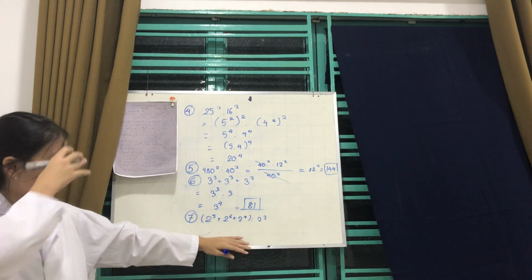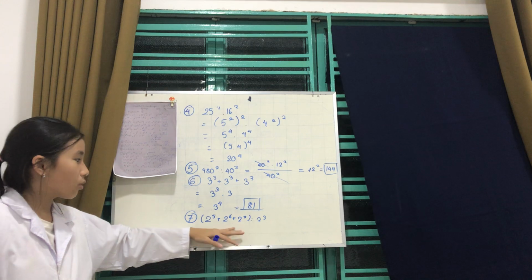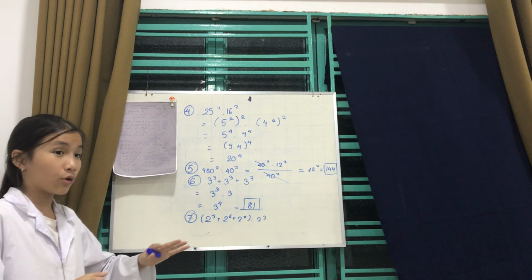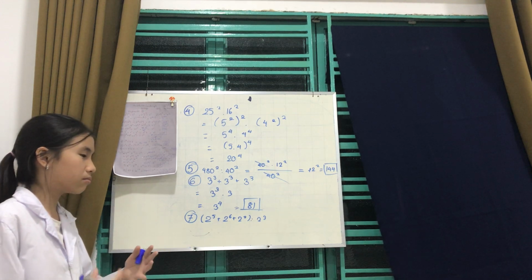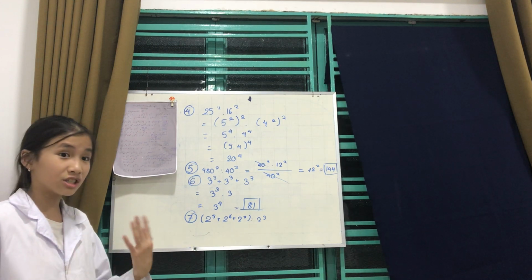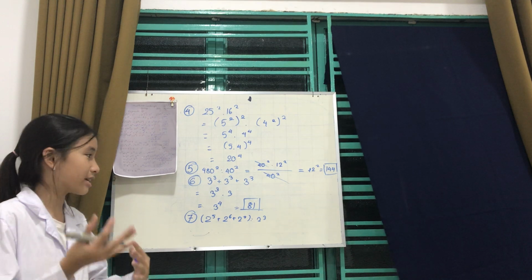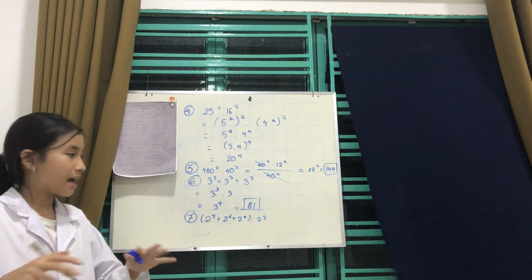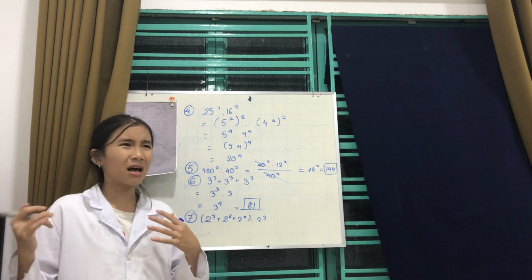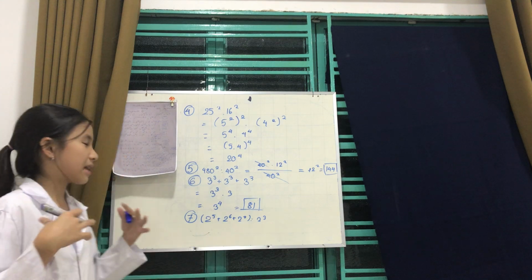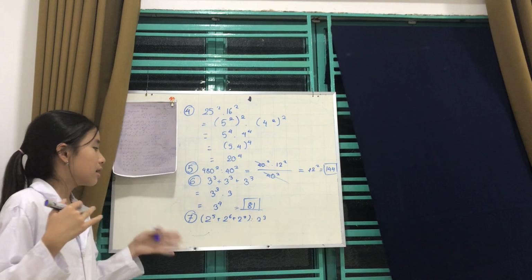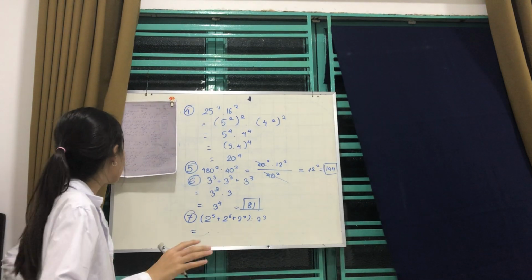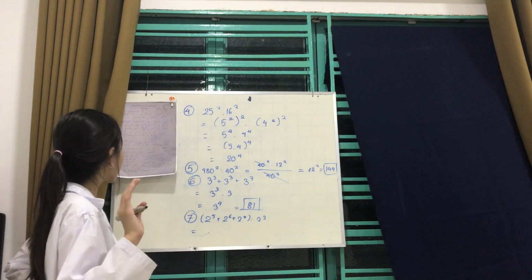Now, multiplying and dividing exponents is different from adding and subtracting exponents. Adding and subtracting will be a little bit more complicated than multiplying and dividing, but we just need to find the common pattern and then we can do it.